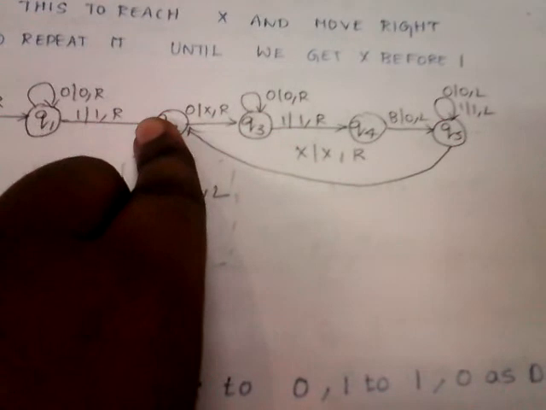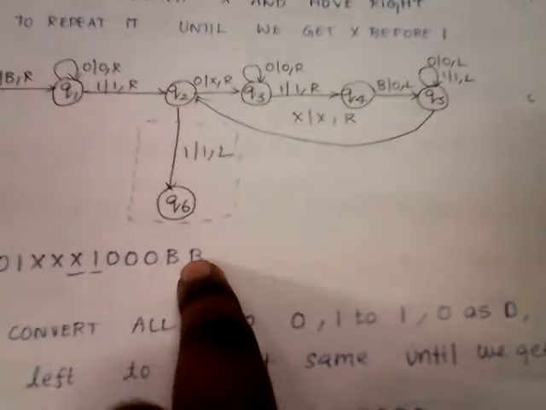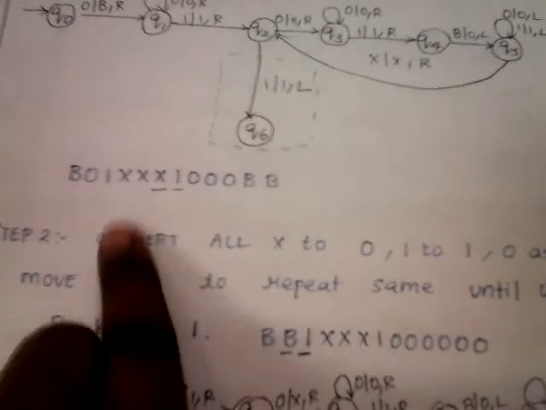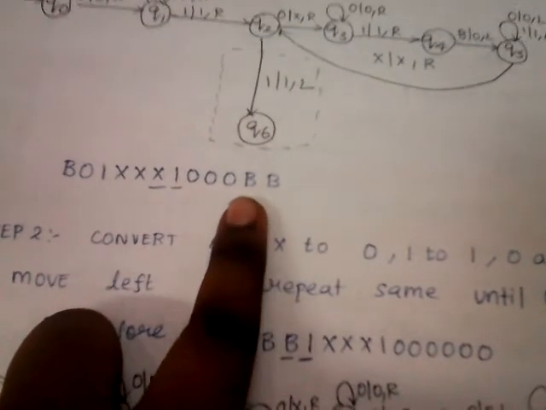Yes, now we have done it. We convert that x, and again repeat the steps to convert 0 to x and b to 0, moving left until we get 1 after x. When we get 1 after x, we move left, converting all into x and b into 0.